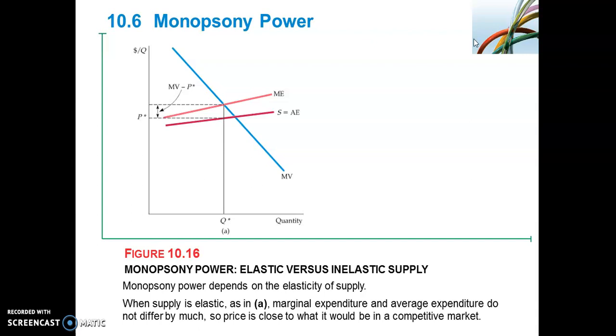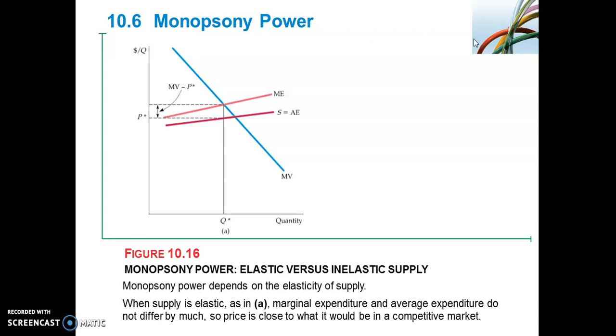Remember, when we looked at monopoly power, we saw that the elasticity of demand affects the monopolist. We examined that relationship when we looked at monopoly power. But now for monopsony power, we are going to analyze how that comes down to the elasticity of supply.